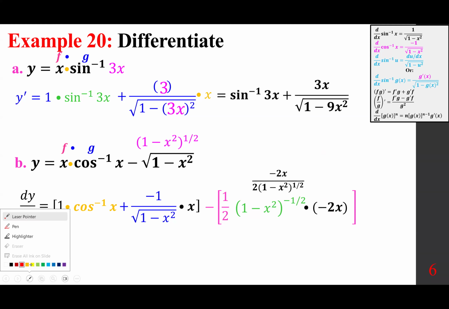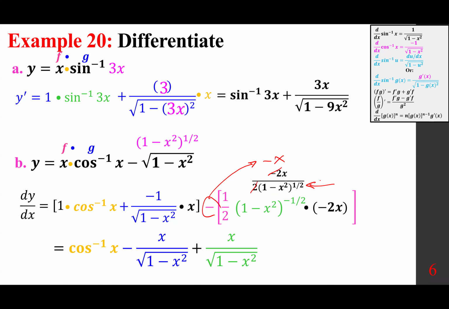Now, this one cancels out. This one gives us minus x. Negative in front makes it positive, and this means the square root. These two cancel each other. This is the final answer.